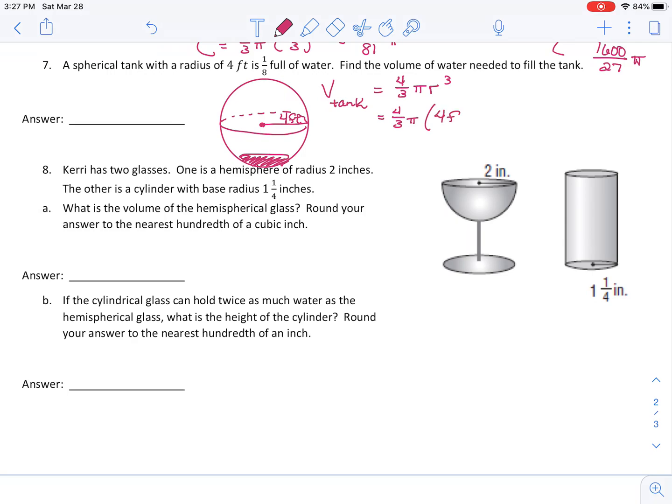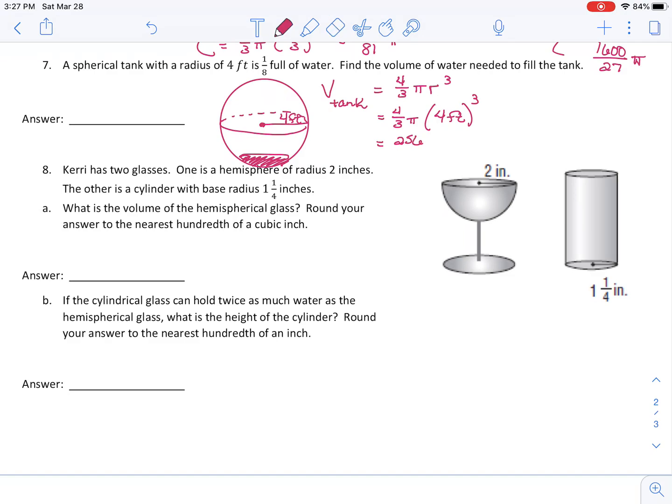I was given the radius. There's a lot of radii of 4 in this note set. Not really sure why. So not a coincidence, not surprising. We get the same answer I've gotten a couple times, the 85.333, which is the 256 pi over 3.